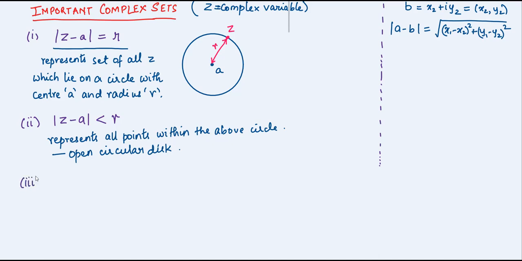Next, what does modulus of Z minus A less than or equal to R mean? Now, this represents all points on and within the circle.